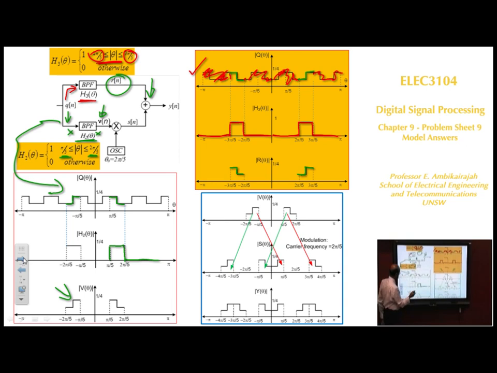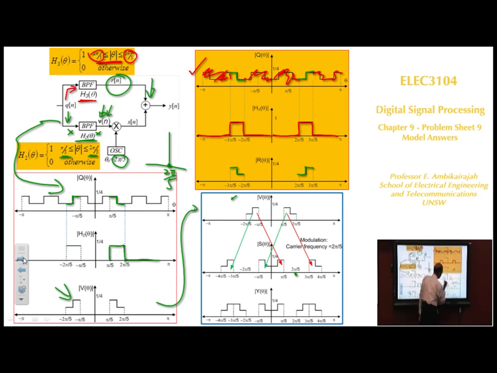Now from here, the V theta I redrew here is going to be multiplied by a carrier at 2 pi over 5. So whatever spectrum this is, it is going to be shifted around 2 pi over 5. That's your carrier frequency. This is at 0, and that will now become 2 pi over 5.